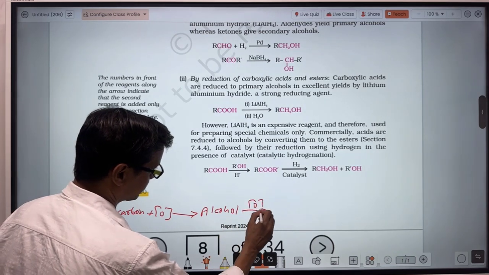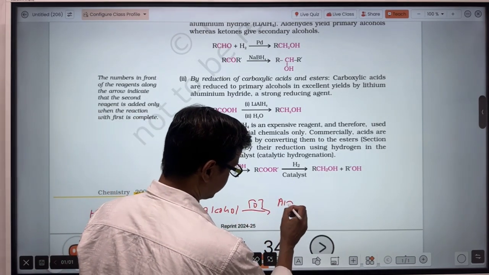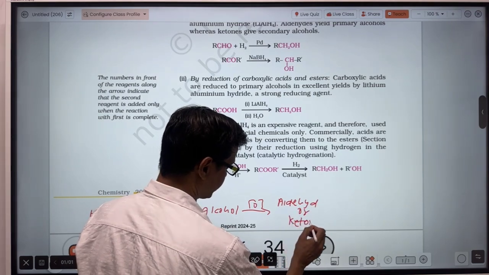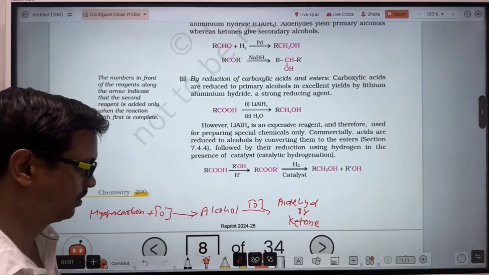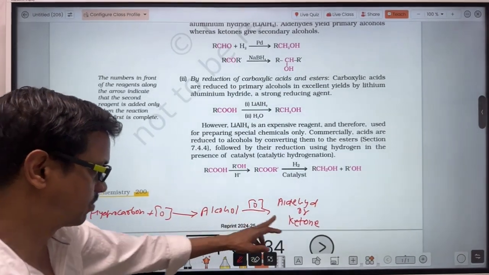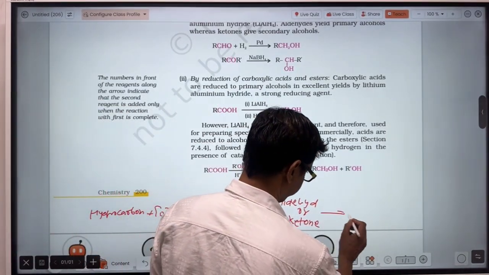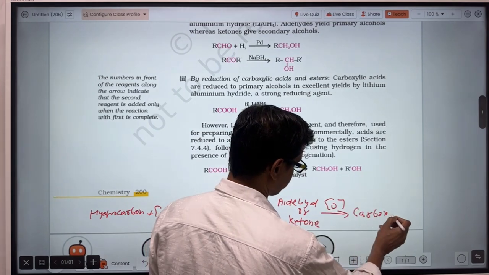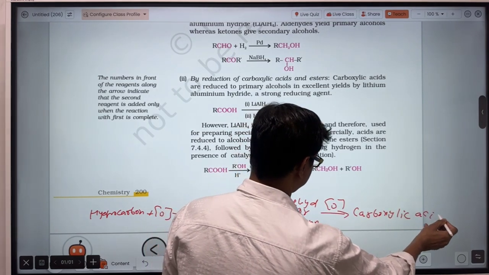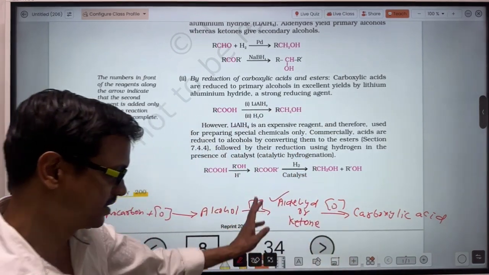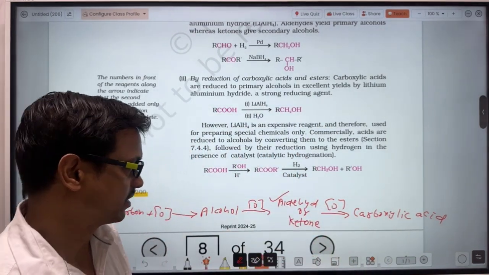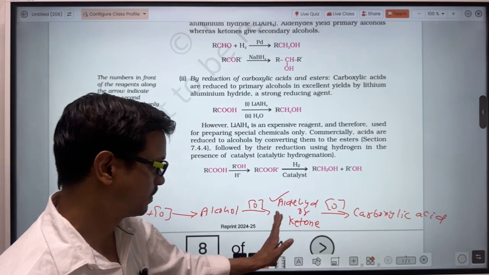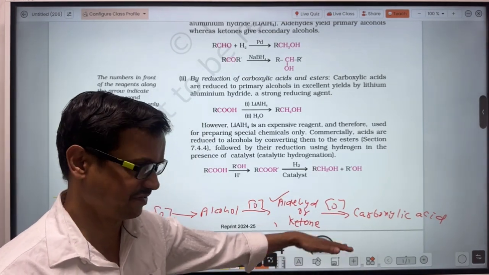When alcohol gets oxidized, it forms aldehyde or ketone: 1 degree alcohol forms aldehyde, and 2 degree alcohol forms ketone. When aldehyde and ketone both get oxidized, carboxylic acid is formed. But aldehyde reacts easily, while ketone reacts under vigorous conditions, with cleavage of carbon-carbon bonds at some places.